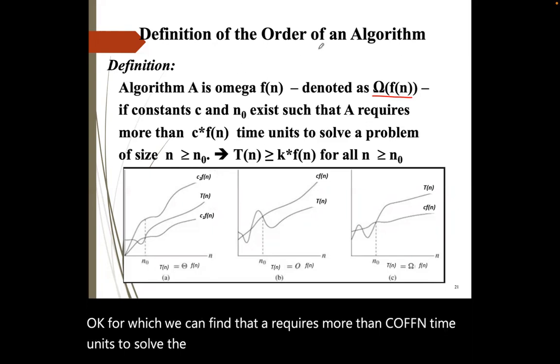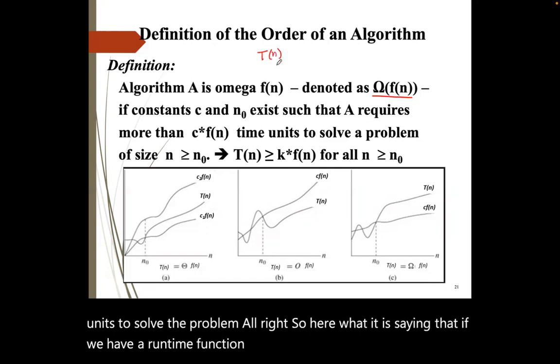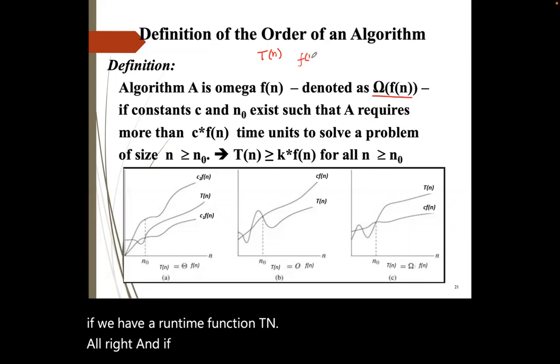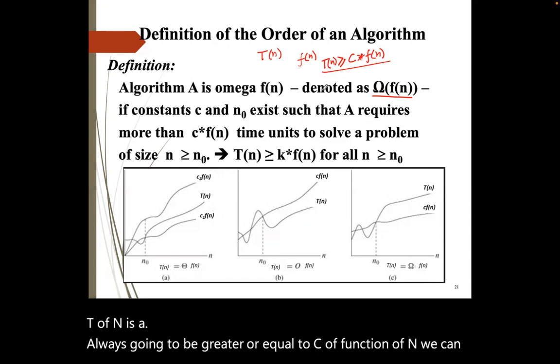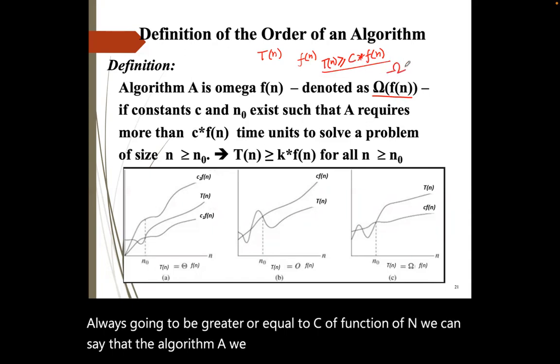So here what it is saying is that if we have a runtime function T(n), and we have an f(n) for which we can find a value of c, and we can say that T(n) is always going to be greater than or equal to c of f(n), we can say that the algorithm A we can represent as omega of f(n).